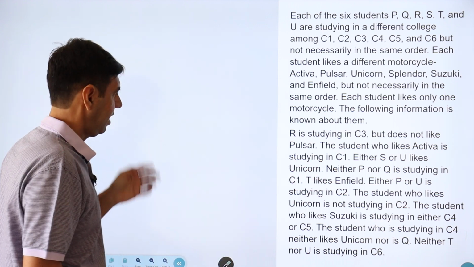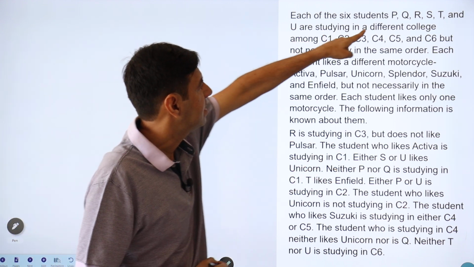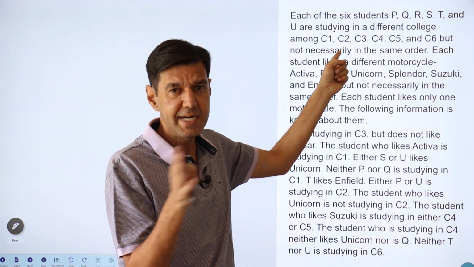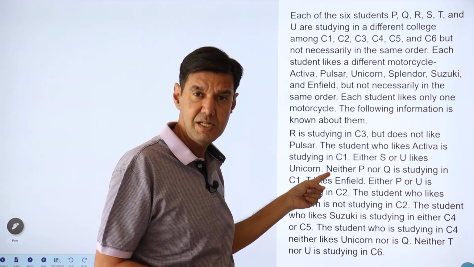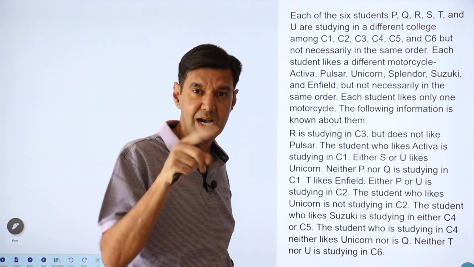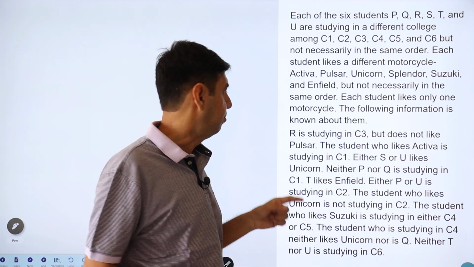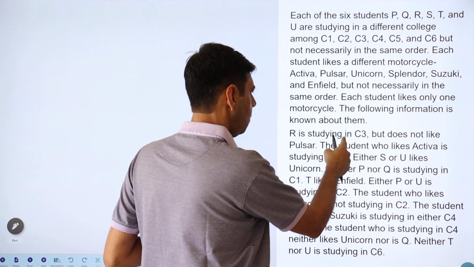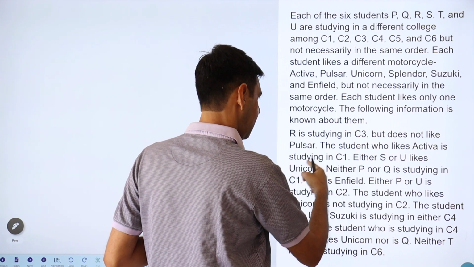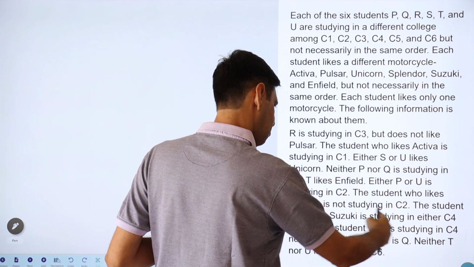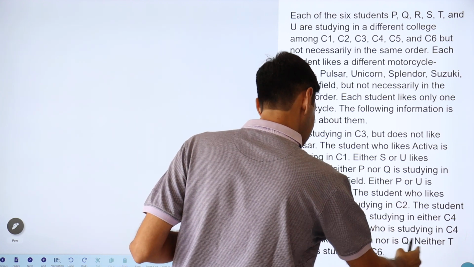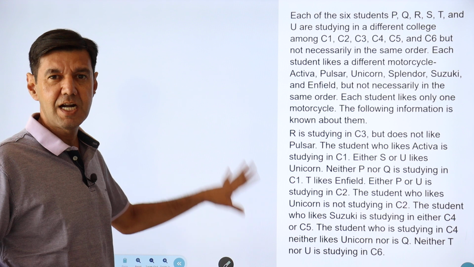So you should get it. My first thing is, is there an order between P, Q, R, right, left, first, second, third, college? This doesn't seem so. I'll still look through the clues and see if there's a right, left, middle, something like this. So, but does not have pulsar, likes activa. Just browse it. Right, left, either is studying, the student who likes, the student who is studying, does not like, nothing. So there's no right, left order.